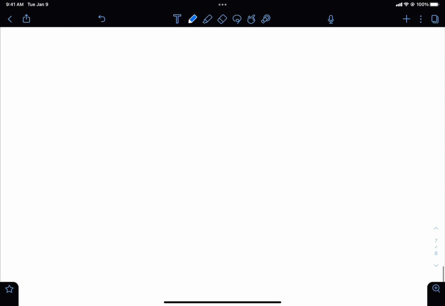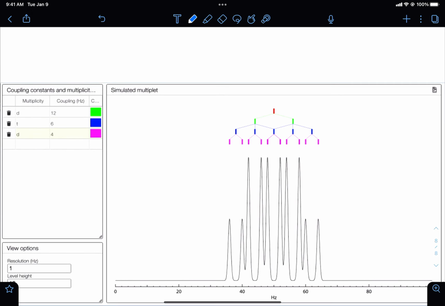You can put in your multiplicity, the types of signals that you have, and it will generate the multiplet for you, which is really cool because you can play around with different combinations of doublets, triplets, and quartets. You can play around with their coupling constants, and you can see what different kinds of shapes you can get. But this is the multiplet that we were just looking at.